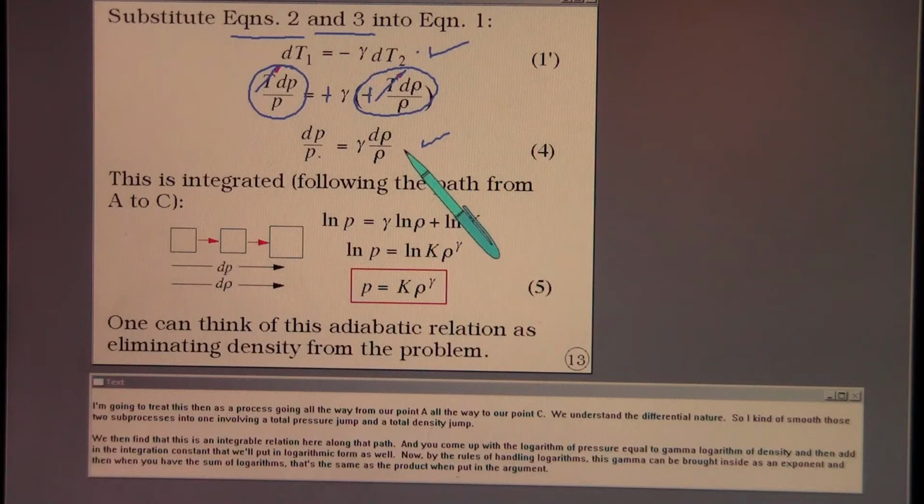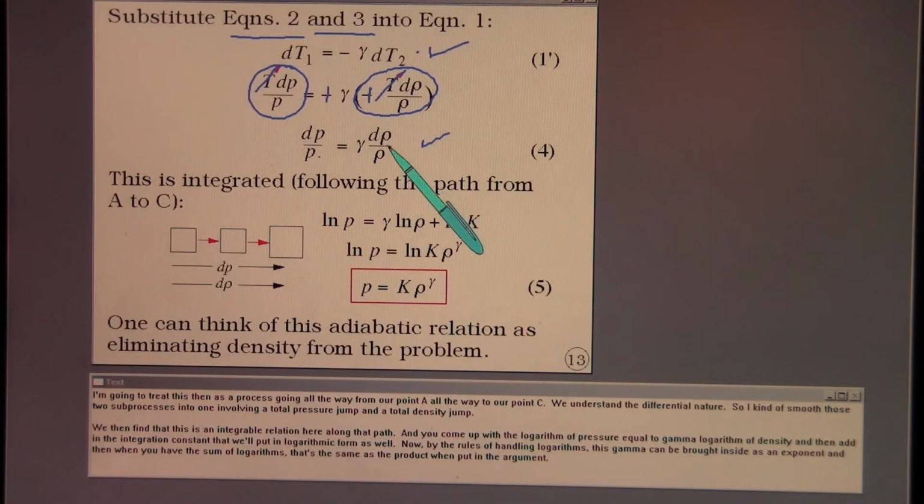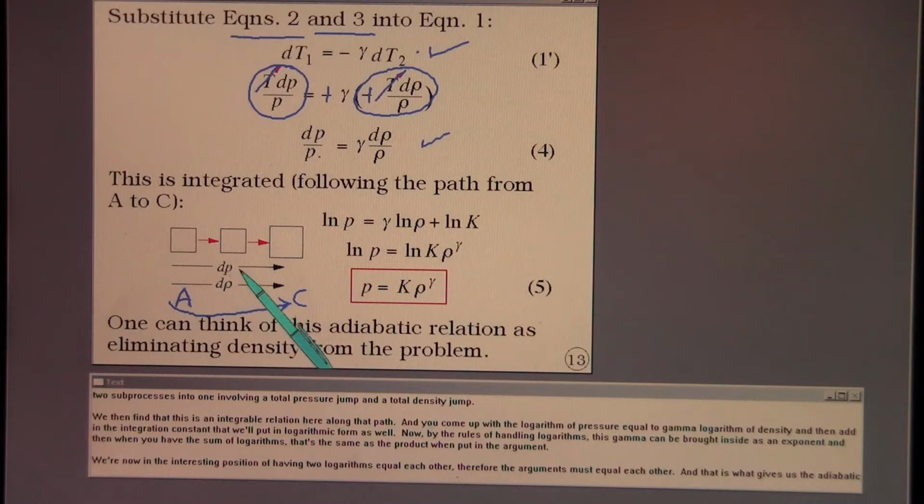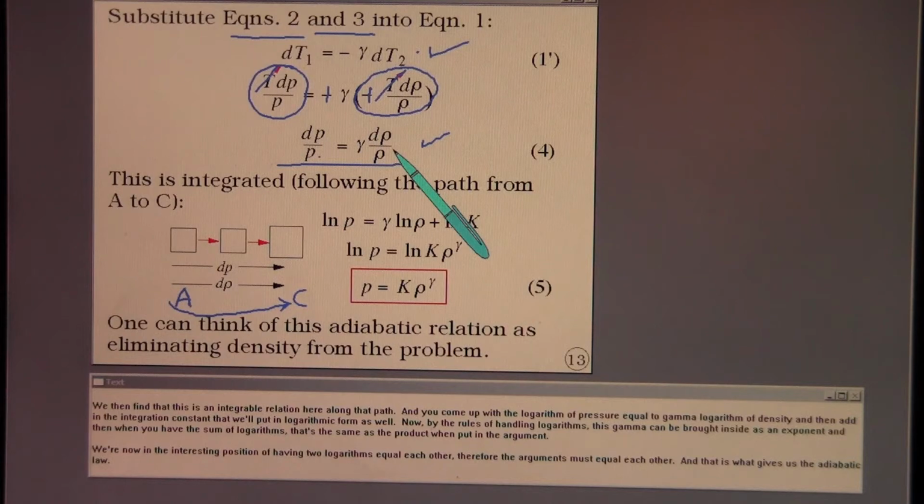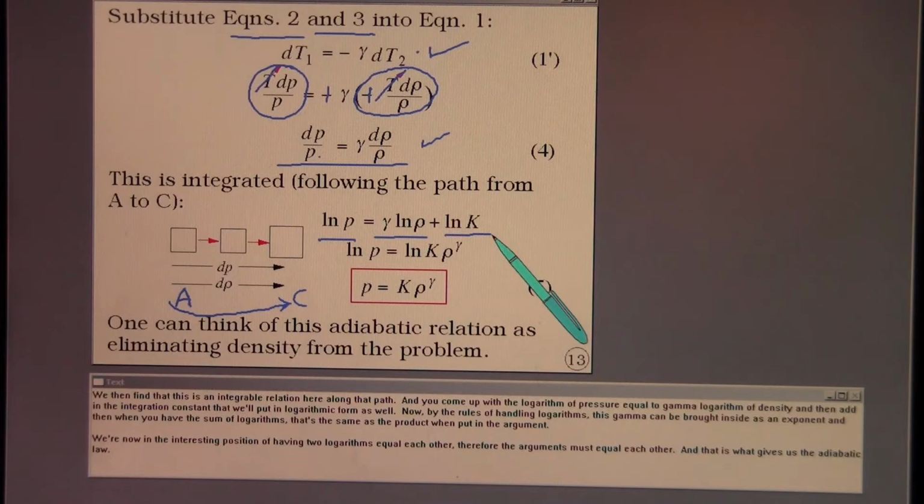I'm going to treat this then as a process going from our point A all the way to our point C, in which we understand the differential nature. So I'll smooth those two sub-processes into one, involving a total pressure jump and a total density jump. We then find that this is an integrable relation along that path, and you come up with the logarithm of pressure equal to gamma logarithm of density, and then add in an integration constant that we'll put in logarithmic form as well.